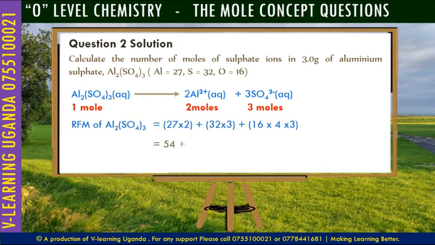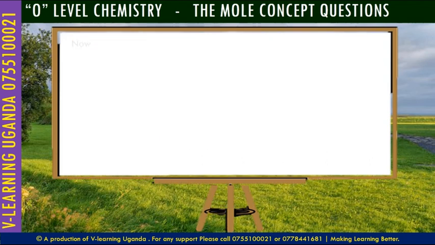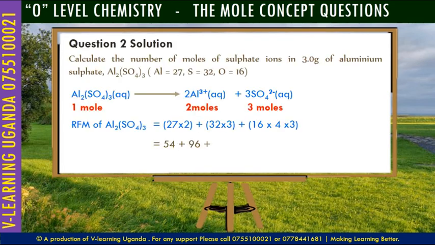Remember, relative formula mass is the sum of the relative atomic masses of the individual atoms in the substance. So 27 by 2 gives us 54, and 32 by 3 gives us 96, and 16 by 4 by 3 gives us 192.